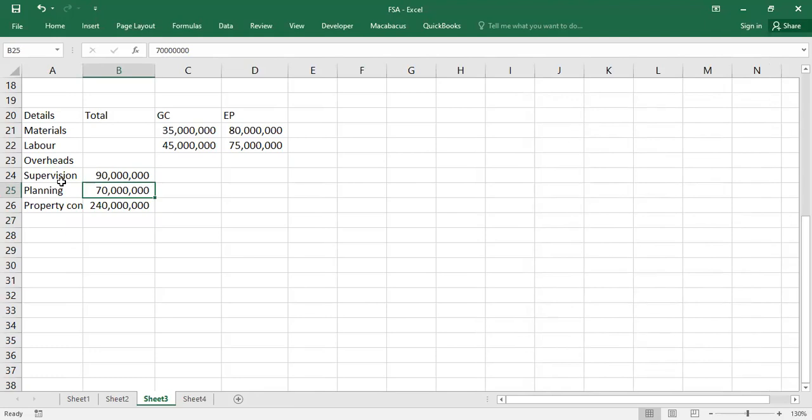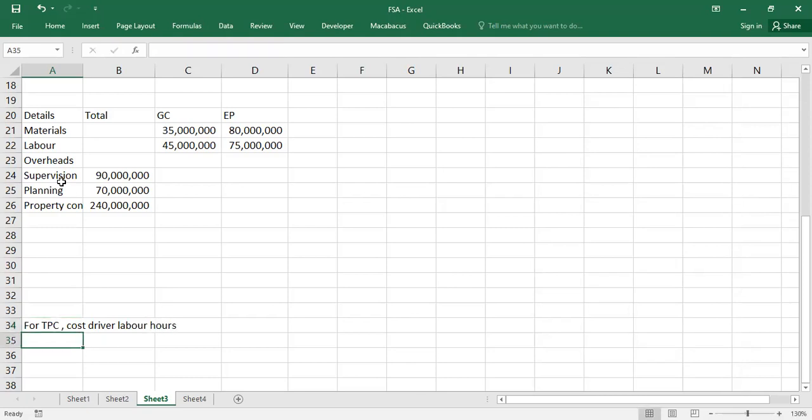cost drivers. Okay, now for TPC or traditional costing, it is always one, it's always the same, and it was given as direct labor hours. The cost driver was 1 and it is given as labor hours.